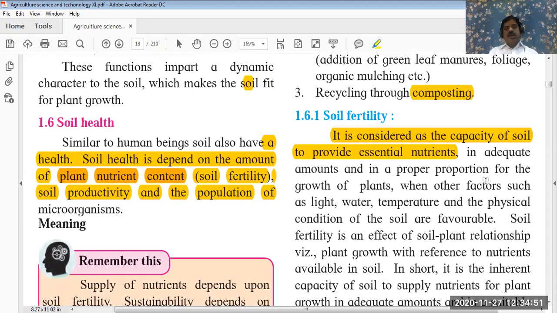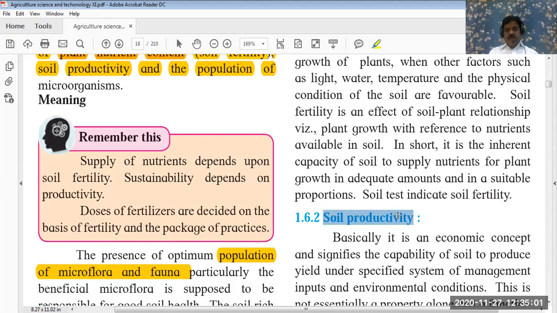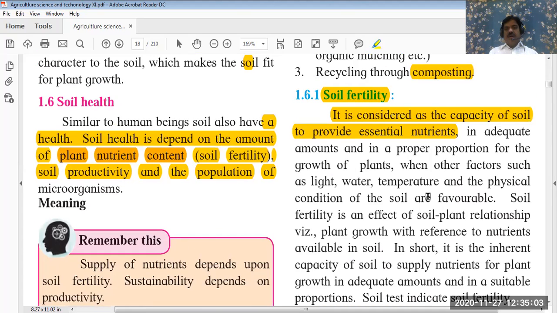Now, two things are important related to soil. Number one is soil fertility, and second is soil productivity. There is a difference between soil fertility and productivity. What is soil fertility? Soil fertility is the capacity of soil to provide essential nutrients.